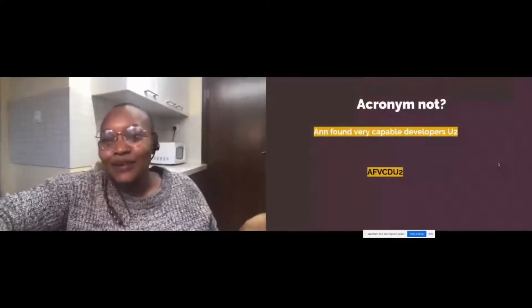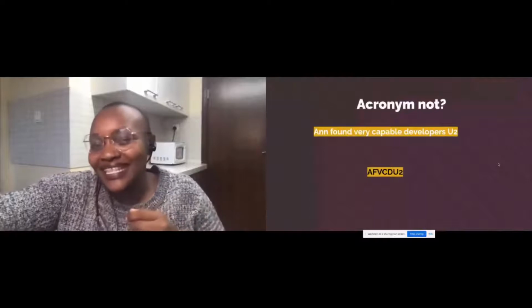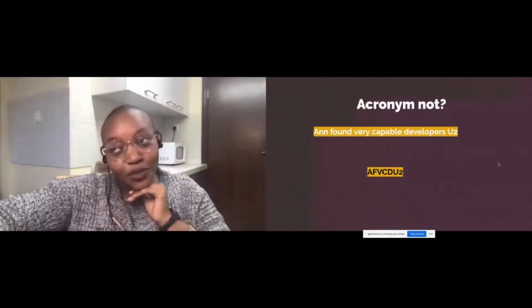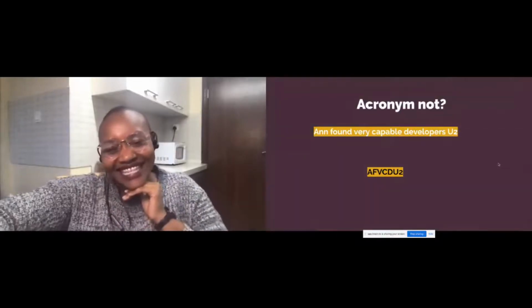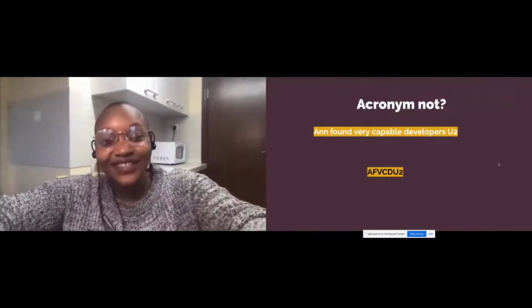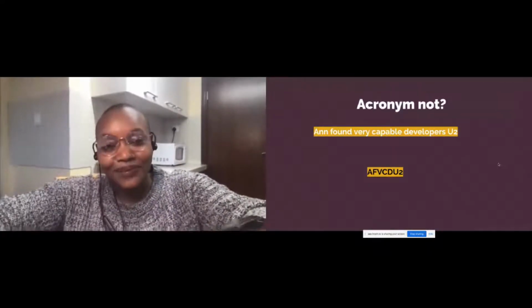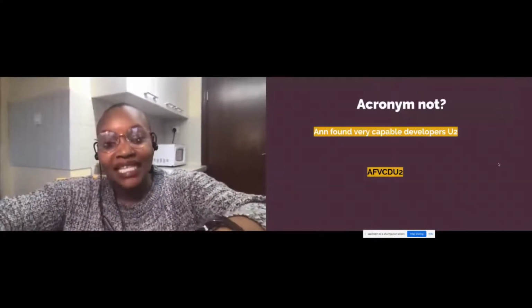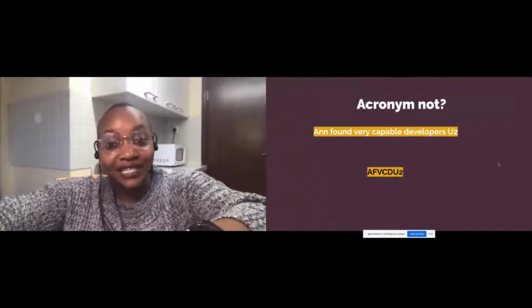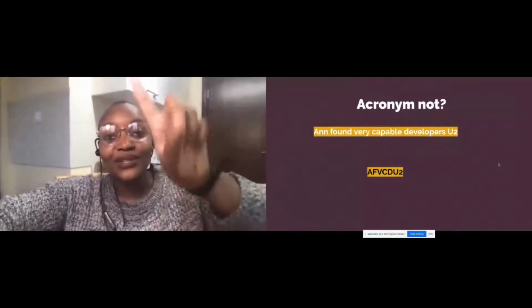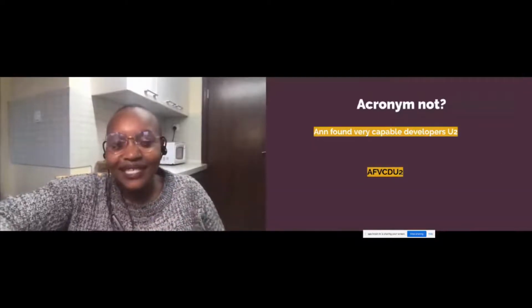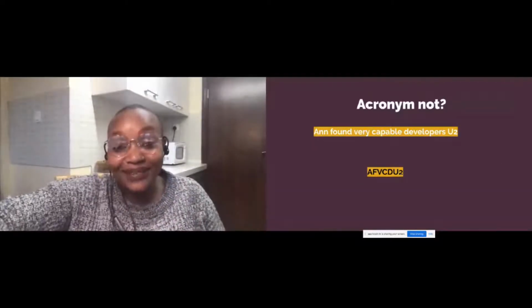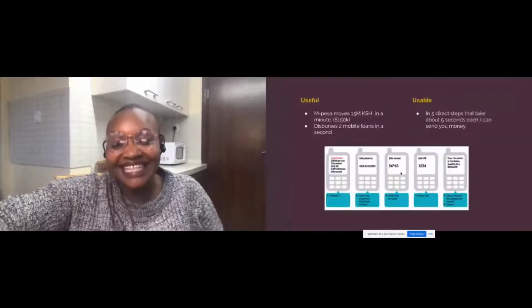So then I came up with an acronym, or maybe it's not, and it's Unfound Very Capable Developers, U2. Yeah, I know. I really wasn't any more creative. So A is for accessible, F is for findable, V is for valuable, C is for credible, D is for desirable, U2 is for usable and useful, right? And then there's a second one there, which is pretty useless, because who's gonna remember that, right?